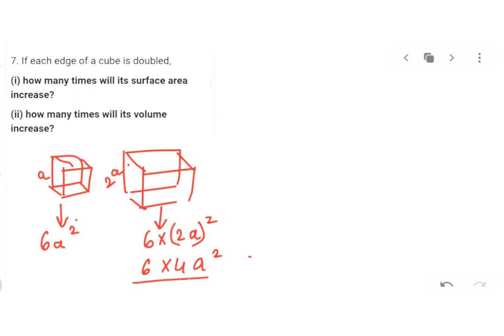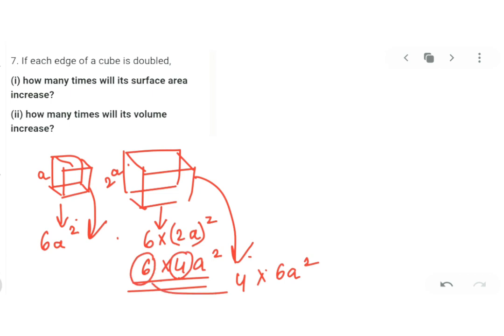So your surface area for a bigger cube is this. For a smaller cube with side A is this. You have to find the times. How many times? Now my dear kids, if you want to find the times, you can also do it like this. This is 6 4s are. I'll put 4 here and I'll put 6A square here. Will that work? I have just flipped this. 6A square is same.